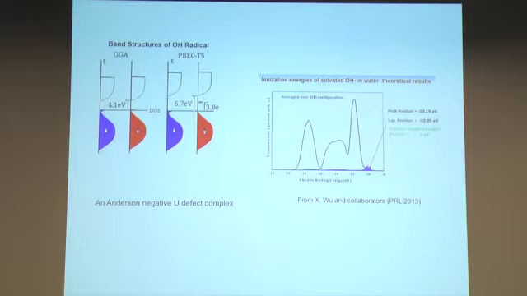Of course, these are Kohn-Sham energies, so they are not really removal energies, but we are now doing calculations with both GW techniques and other approaches to see what the ionization level associated with this would be. We think it would be somewhere here in the mid gap, and that should also be consistent with recent experimental observation.